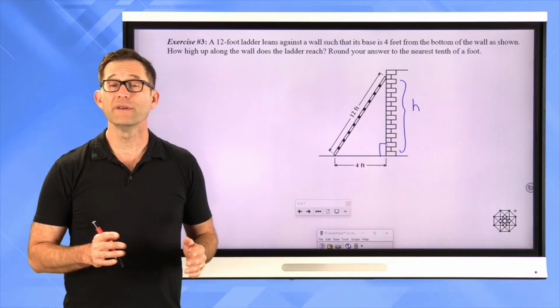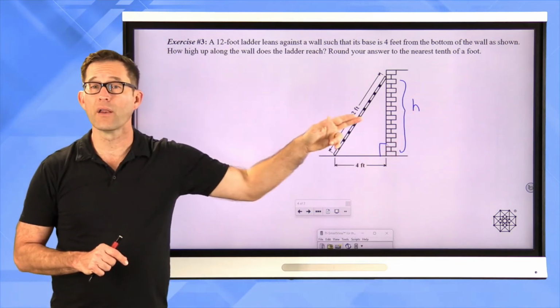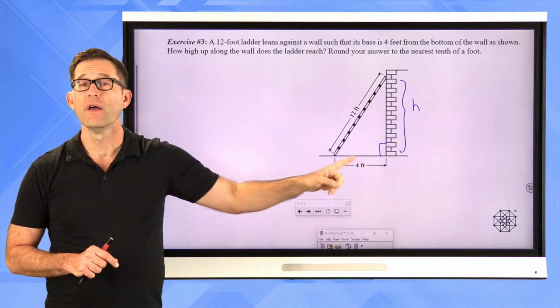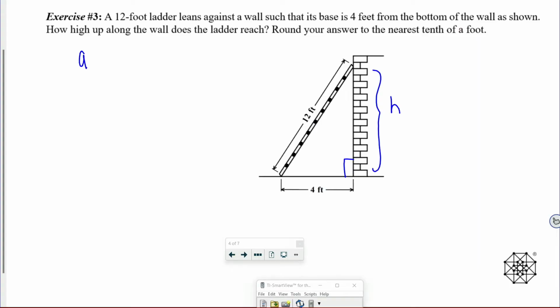All right, well in this case we are looking for one of the legs of the right triangle. We're not looking for the hypotenuse, it's 12. The other leg is 4. So if we wanted to write down the Pythagorean theorem in its original form, a squared plus b squared equals c squared, I'm going to replace a now with h, b with 4, and c with 12.